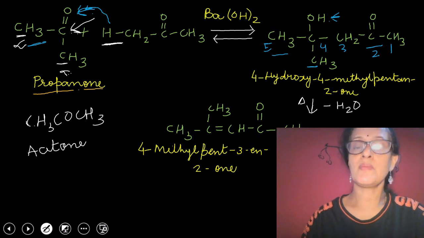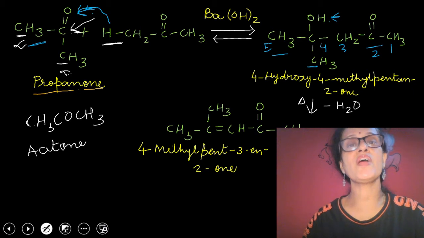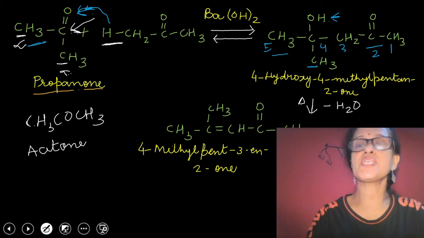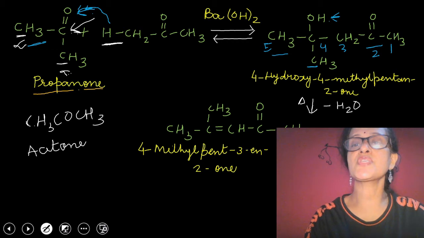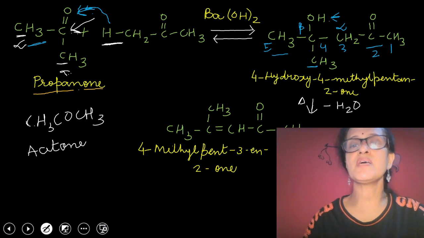Now this compound on further heating will convert into an alpha beta unsaturated compound. For formation of an alpha beta unsaturated compound, always remember that this is the functional group. So this carbon atom is the alpha carbon atom. Next to the alpha carbon atom we have the beta carbon atom.